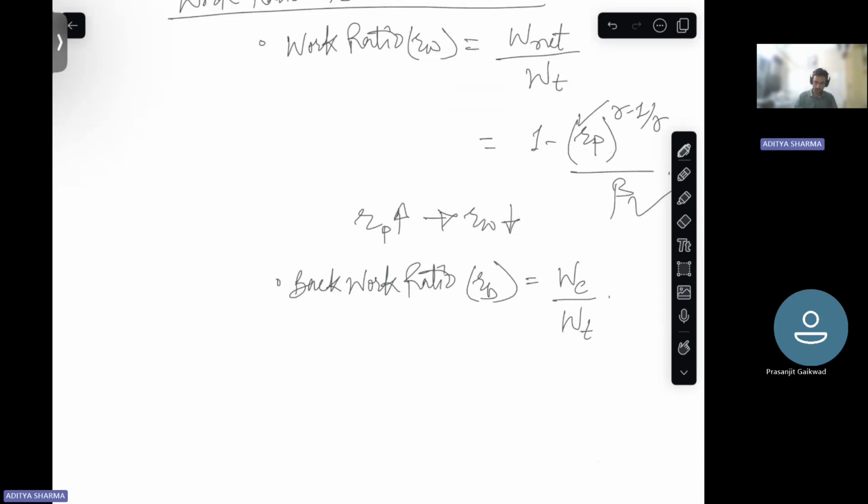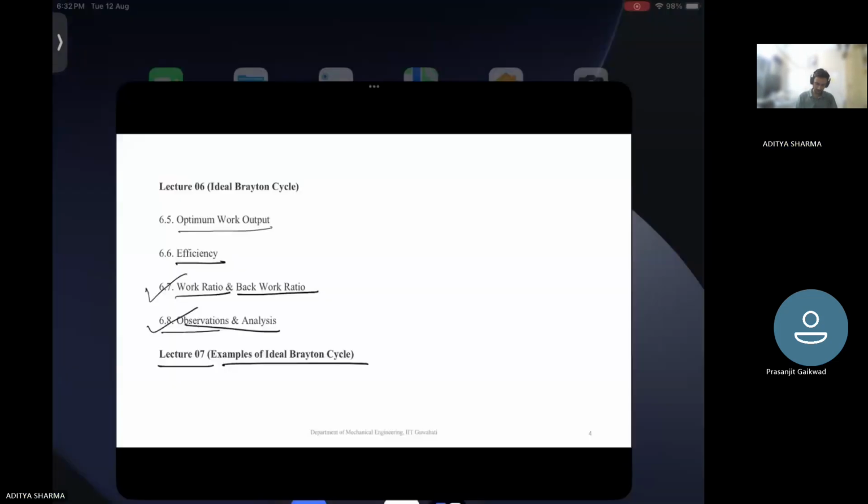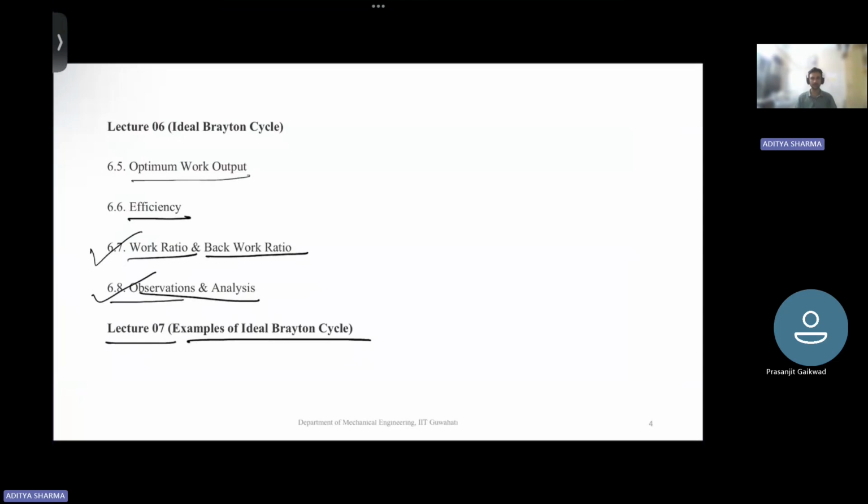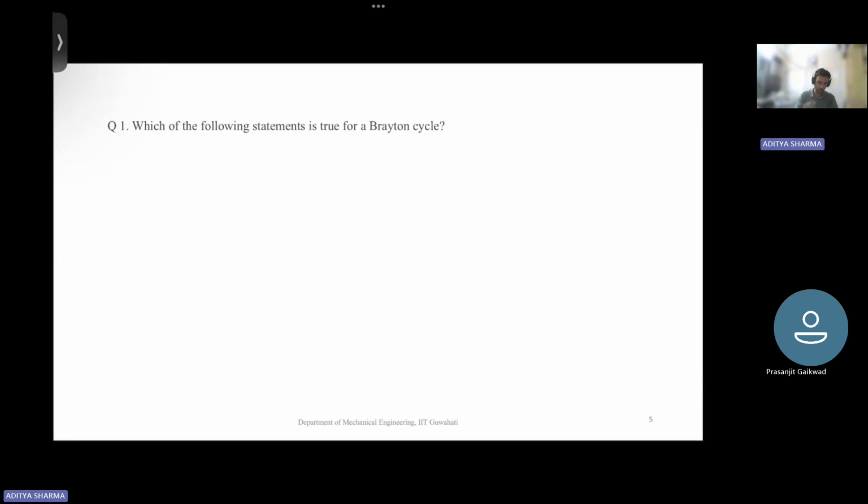So in observations and analysis, this much is fine. Other details can be seen from the lecture. Right. So lecture 7 was on examples of ideal Brayton cycle. Then we move on to our questions.